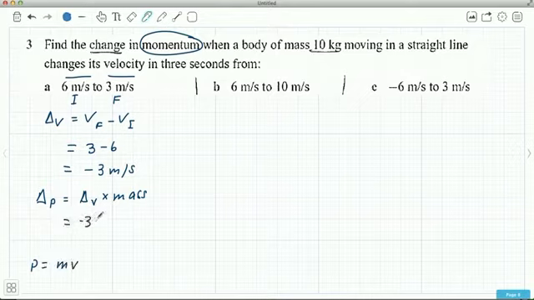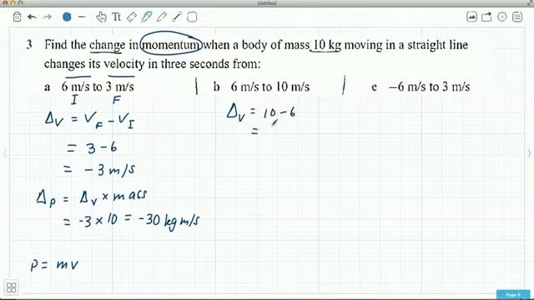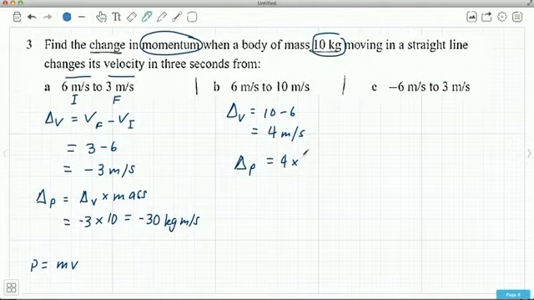So we know this is -3. It's a 10 kilo mass, so it's -30 kilogram meters per second. Again with this one, change in velocity is final minus initial, so it's 4 meters per second. It's a gain. So change in momentum is that velocity change times the mass, which in this question is 10 kilos. So it's 40 kilogram meters per second.